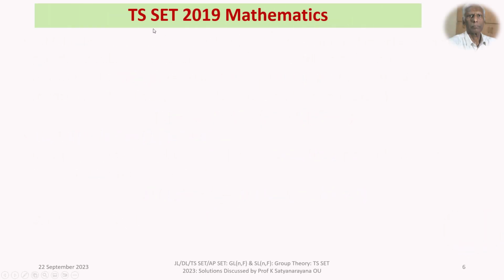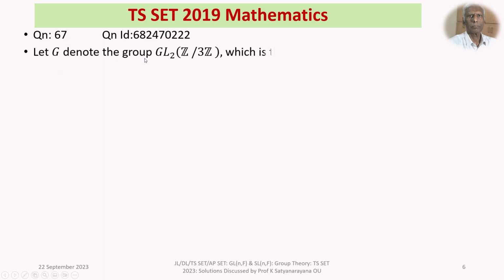Now we discuss a problem that was given in the TS SET 2019 exam with question number 67 and this question ID. What's the problem? Let G denote the group GL2(Z/3Z). Z/3Z means Z3, that is Zp where p is 3, so it's a finite field.